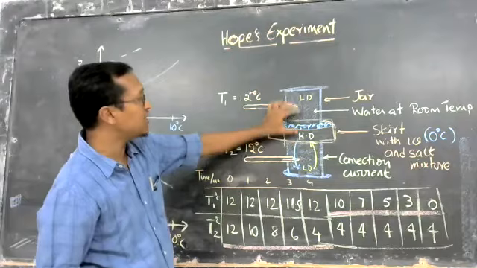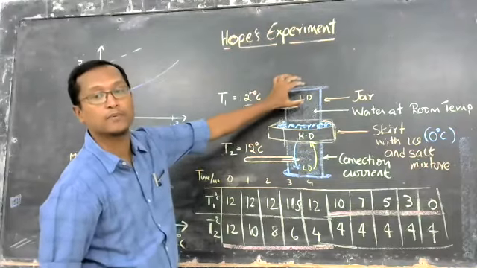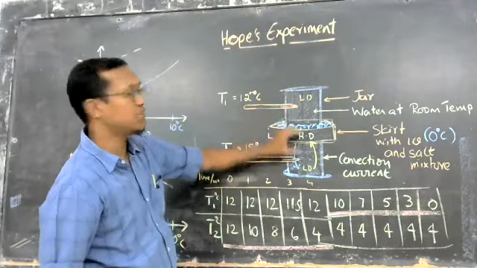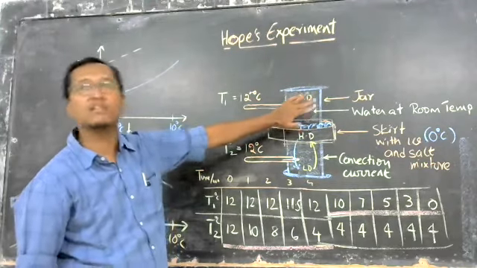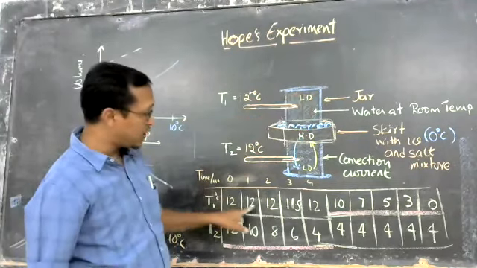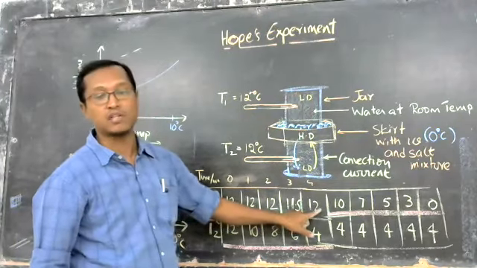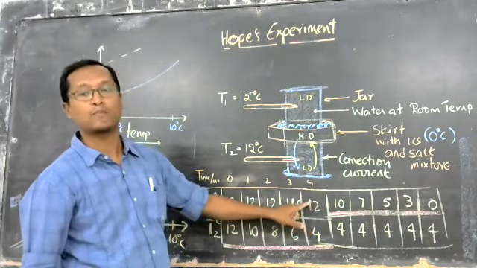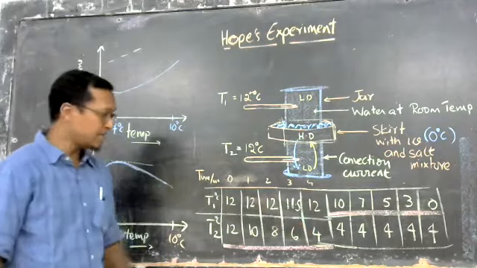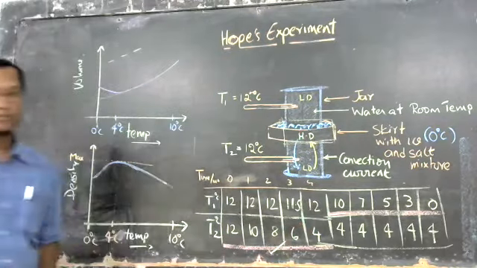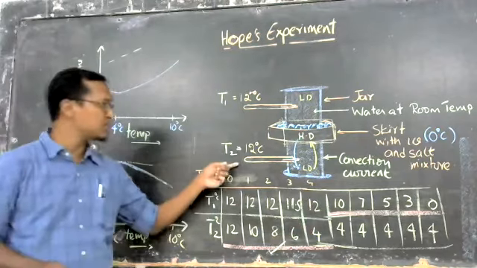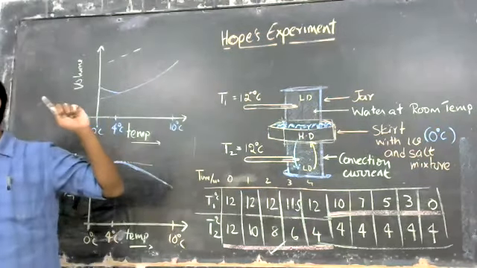There is no chance that the higher density water can go up or the lower density water can come down. So this is left unaffected. Nothing happens over there. That's why you will notice that the temperature does not change in the first place. Okay, so that is the explanation for this part. This is done now. We understand why T2 changes, and we also understand why T1 does not change.